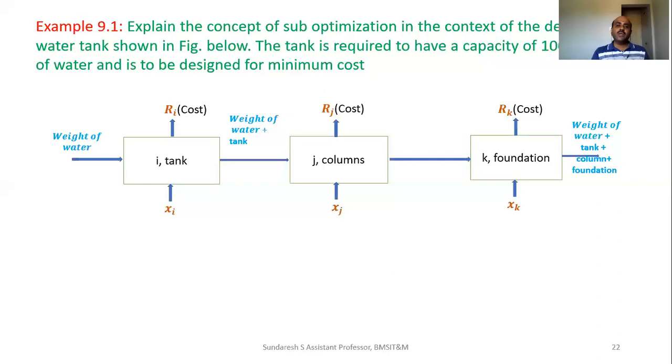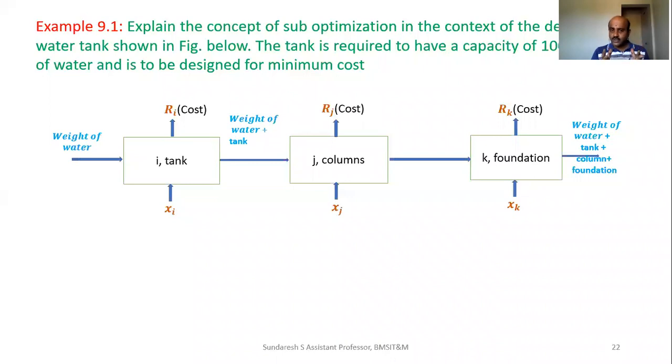So the requirement here is that the tank has to store 1 lakh liters of water, and it is to be designed for the minimum cost. These are the two requirements: 1 lakh liters of water to be stored, and designing it for the minimum cost.